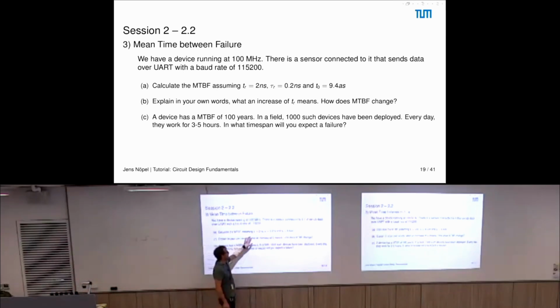It already gives us some numbers, especially the technology dependent value and also T0, the time window for a metastability event to be able to happen. And I guess we start with question A.